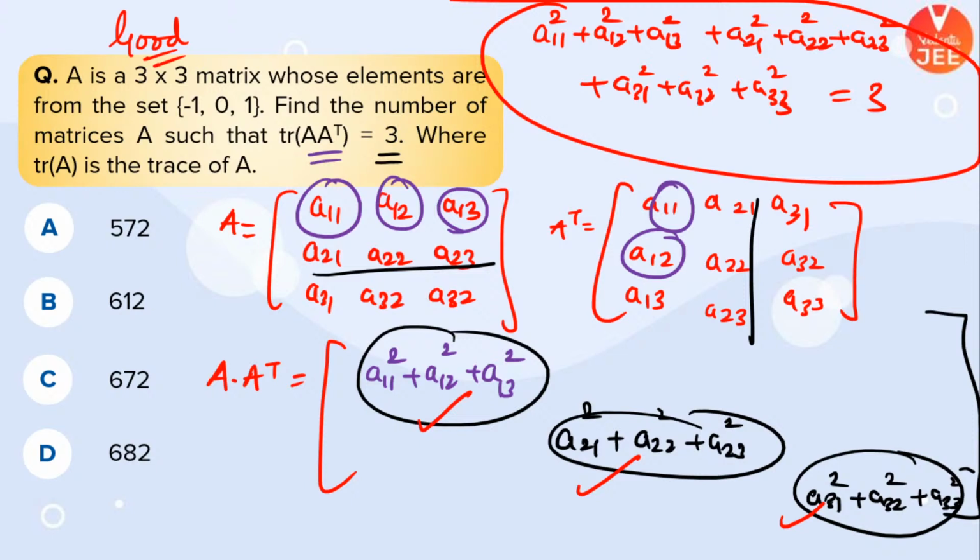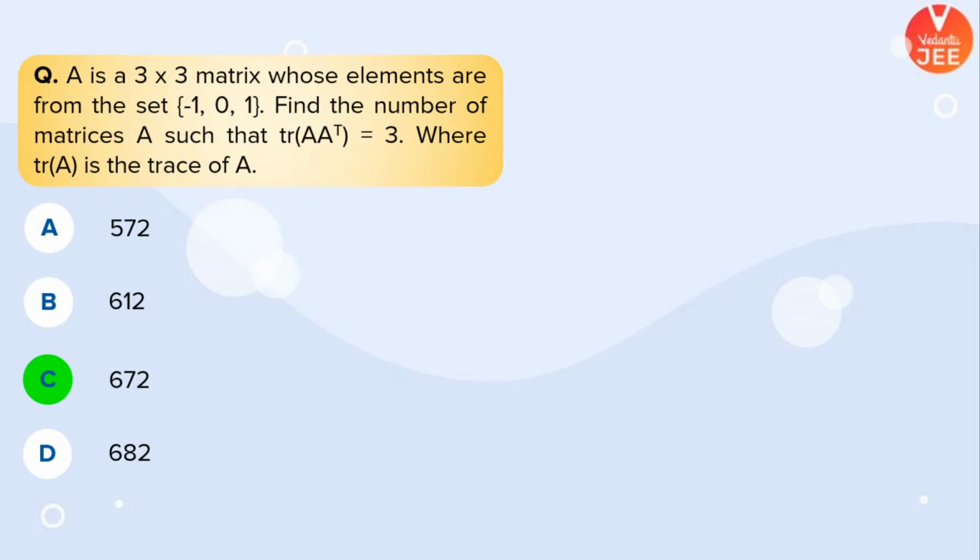Hence, you can have what kind of cases? You can have such kind of cases that out of these 9 things, A11, A12, A13, A21, A22, A23 and so on, if you take any 3 and call it as 1, 1, 1, right?